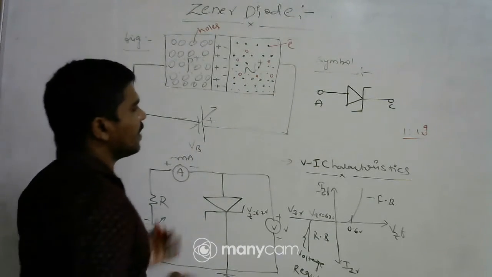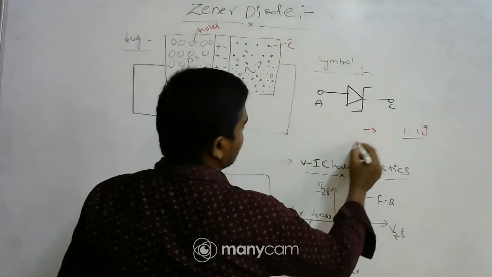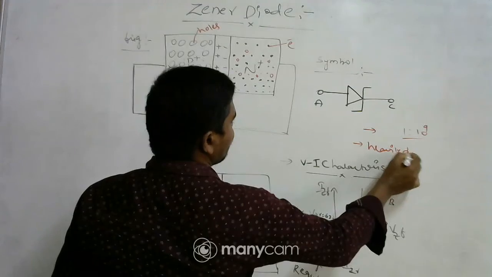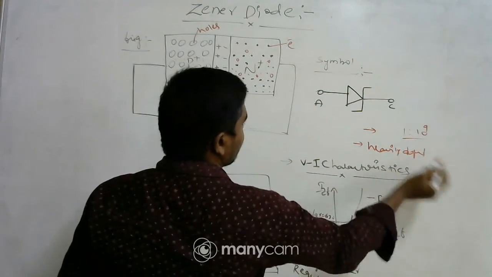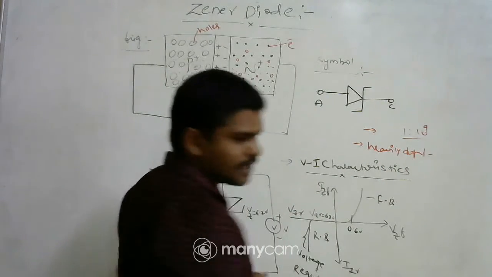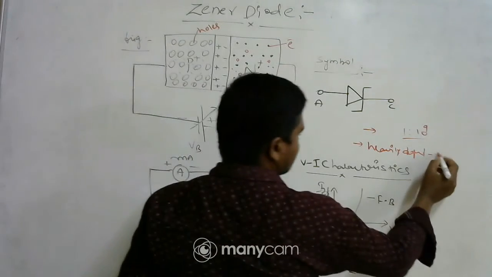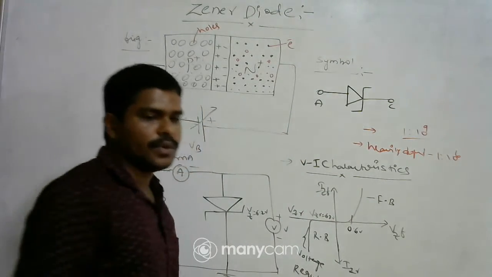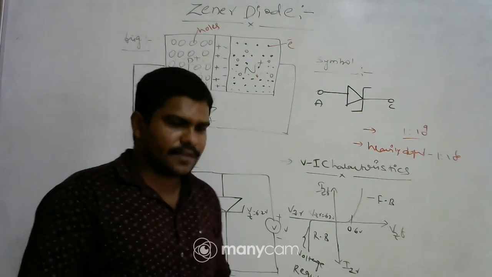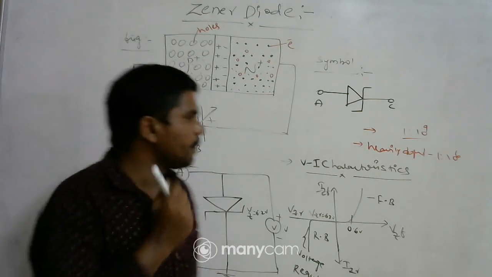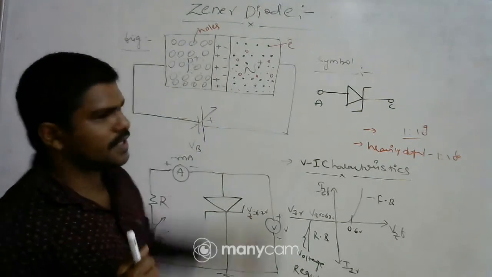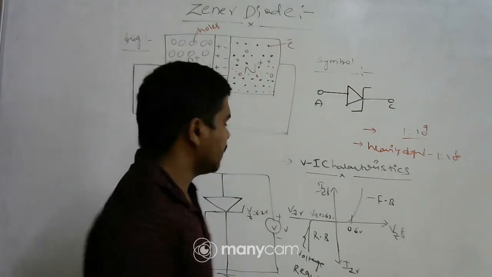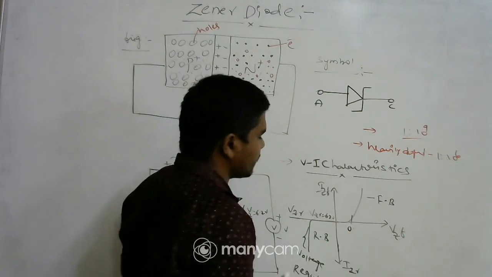The Zener diode is a heavily doped diode compared to the PN junction diode. The doping ratio is 1 to 10 power of 6. When the doping level is very high, the depletion region is very narrow; the depletion region decreases.